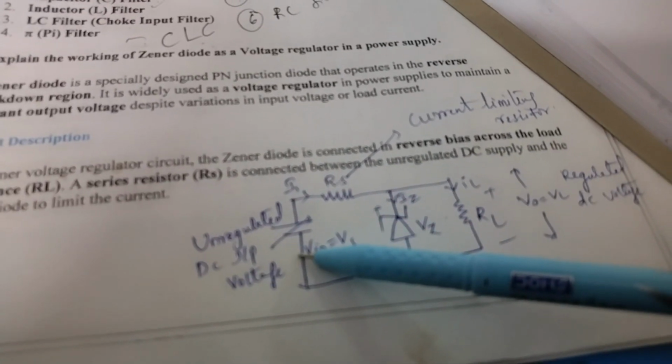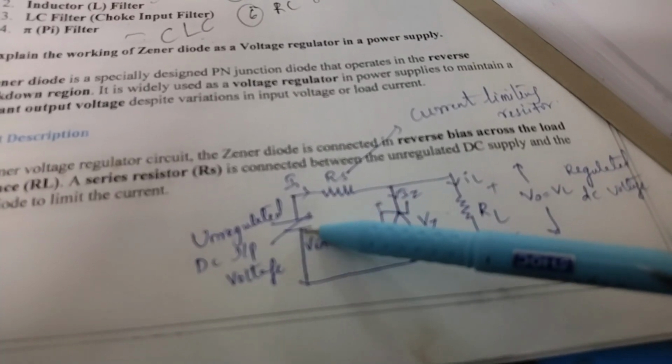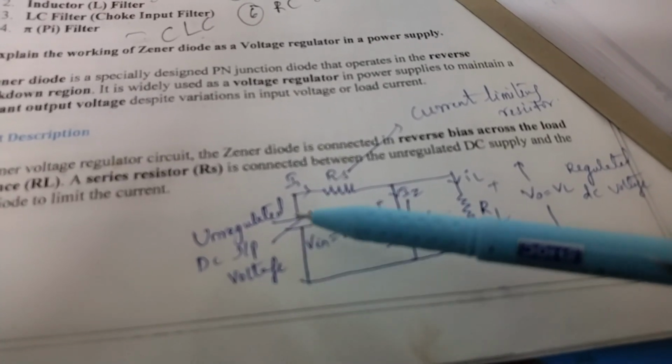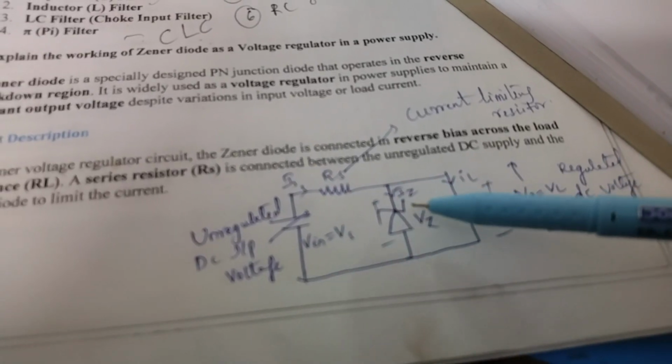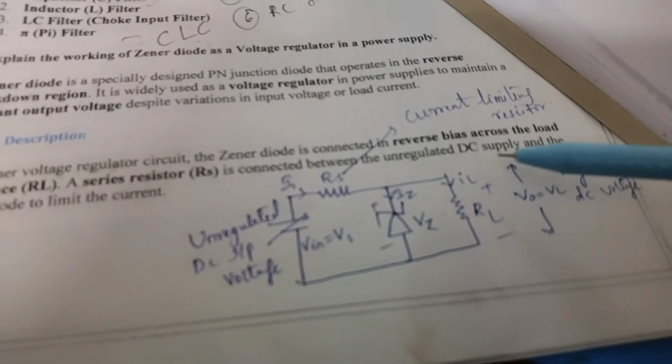This is a power supply. Unregulated means we are not providing a constant voltage, and we apply it to a Zener diode so that we can get a constant output voltage.